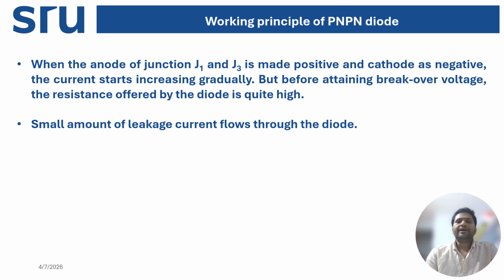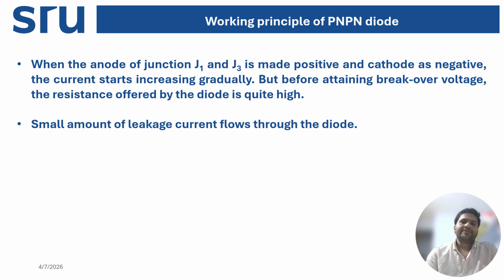Now increase the applied forward bias voltage. In the reverse biased junction J2, the depletion region becomes thinner. At a critical voltage called the breakover voltage, denoted by VBO, junction J2 can no longer block the current.